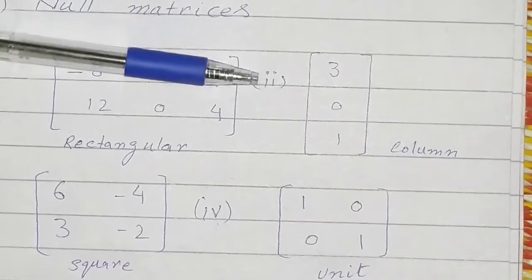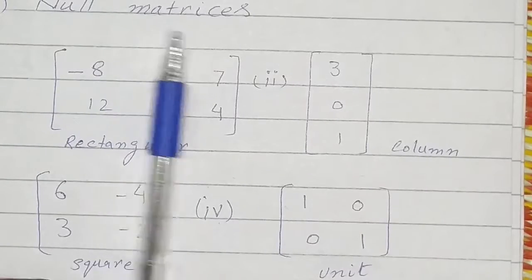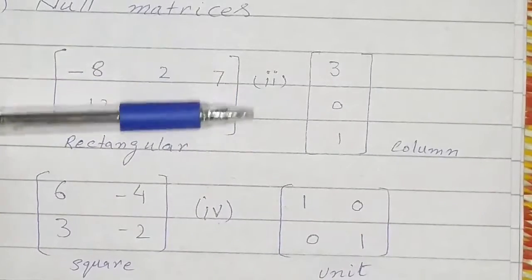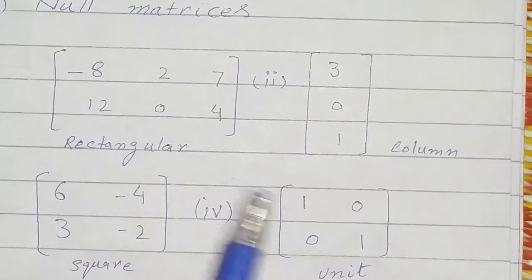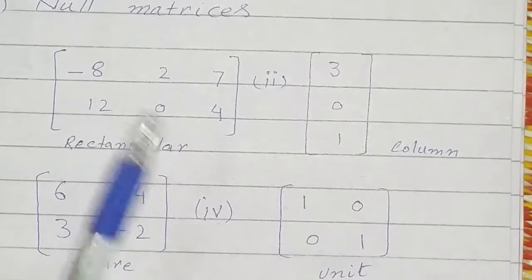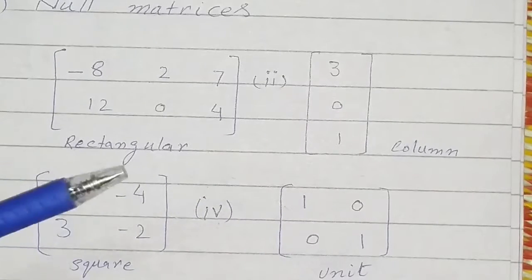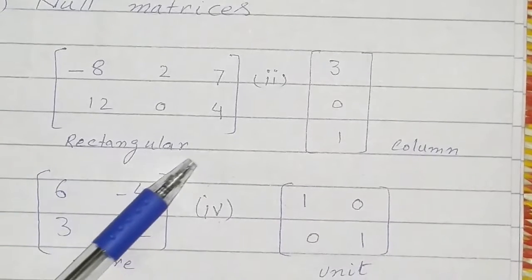For example, this matrix has 2 rows and 3 columns. So the number of rows and the number of columns are not equal. If the number of rows and the number of columns are not equal, then the matrix is called a rectangular matrix.